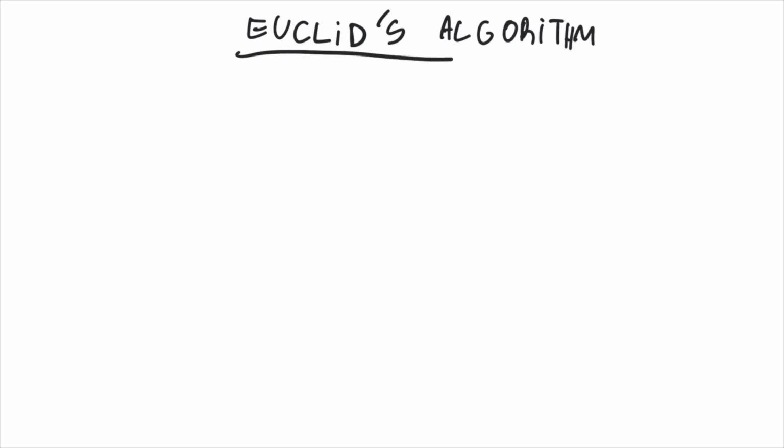Okay, so what do you do when you cannot avoid computing inverses modulo m? Well, you use Euclid's algorithm.